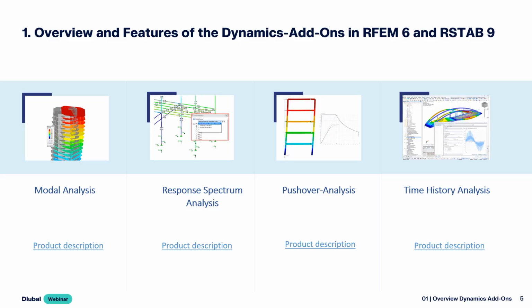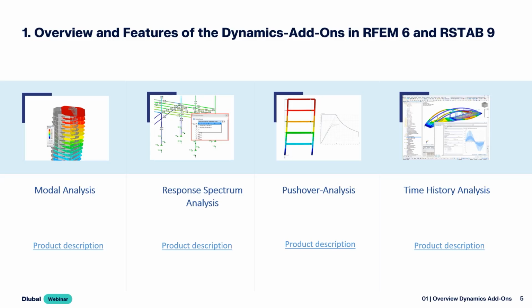And in the end, there's the time history analysis, which can be split into the linear one and the nonlinear one. The linear one is already treated in some webinars. It's more about vibration investigations, for example, of human-induced vibrations or machine-induced vibrations, where the nonlinearities are not that impactful.